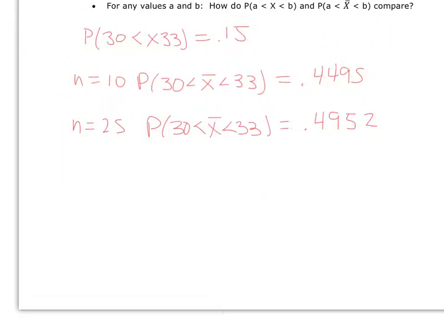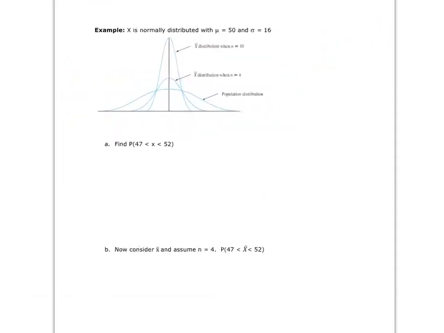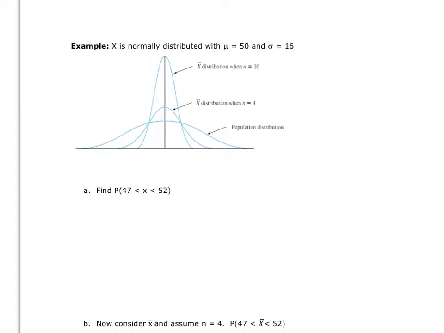Let's look at this next example, and we actually have a nice picture of density curves for a random variable x. That is this population distribution right down here. This is X, the one that's pretty flat, and we're told that it has a standard deviation of 16.